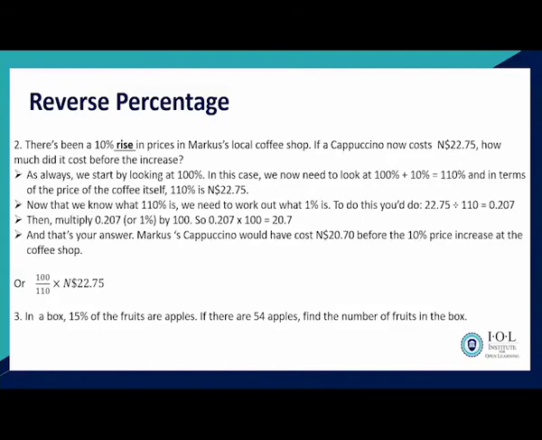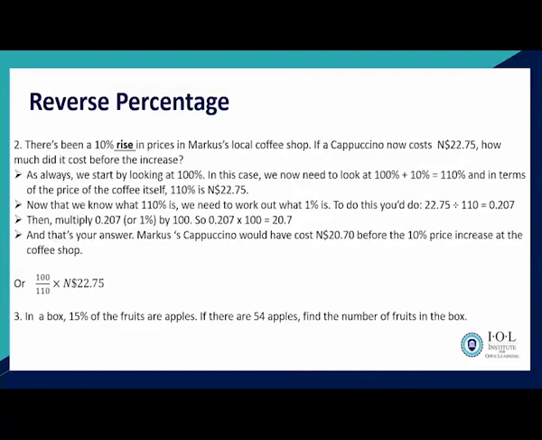Once you get this number, you go to your formula. Take 100, divide by 110, times that value of $22.75. Then you see how much it was. Okay, so that is how we work that out.